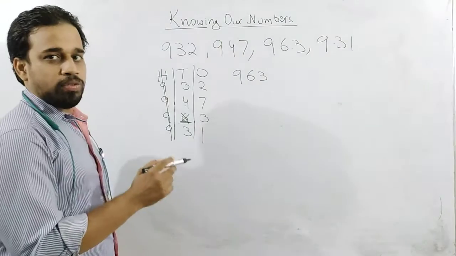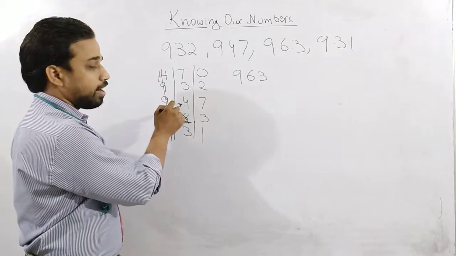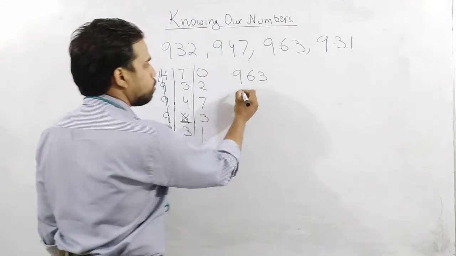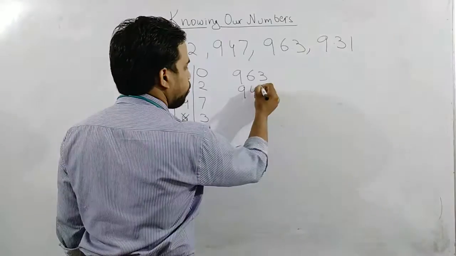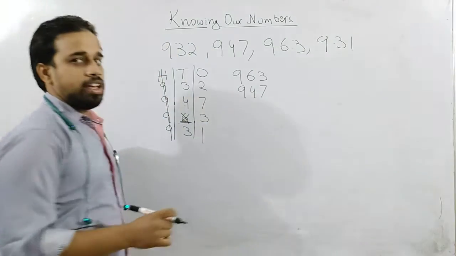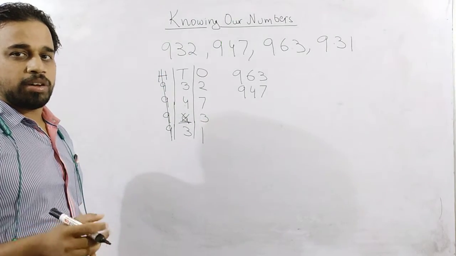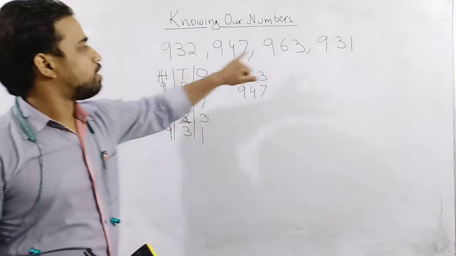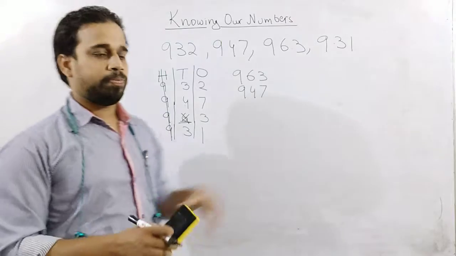Am I right? 4 is greater than 3 and 3. So the number 9, 4, 7 is the greatest number among these 3 numbers.